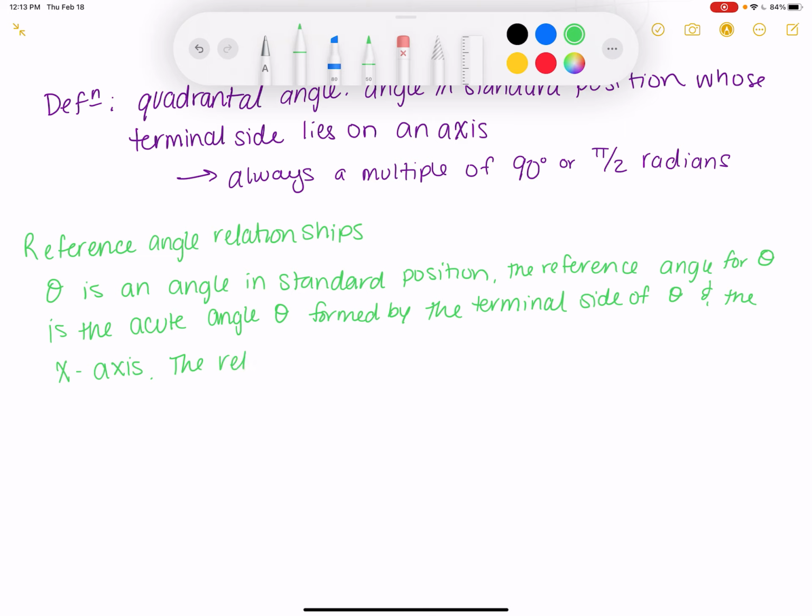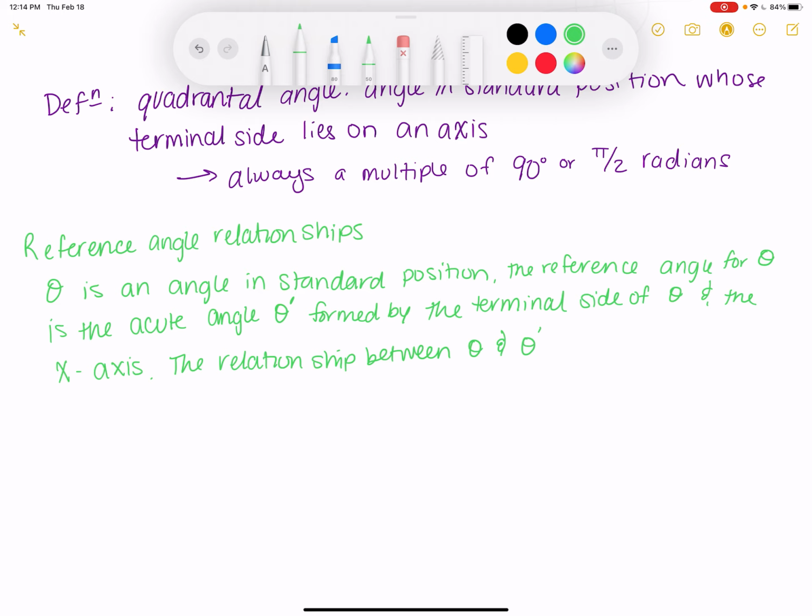The relationship between theta and theta prime will be shown below for non-quadrantal angles theta. Oh, also this angle theta, the acute angle, this should be theta prime, with a little apostrophe on it.